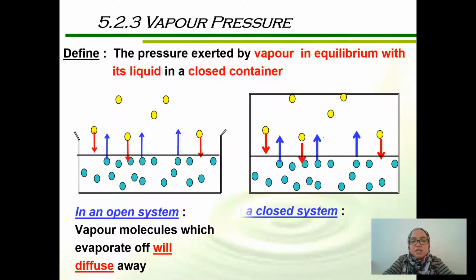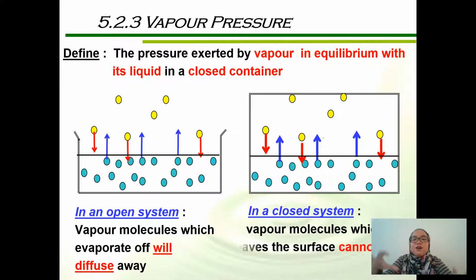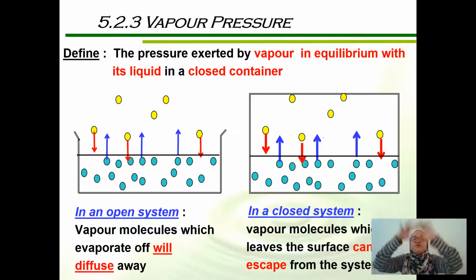Okay, however, in a closed system, the vapor molecules cannot leave the surface. Dia cannot escape the system. Bila dia from liquid to gas, and then dia akan form balik gas to liquid. So dia ada equilibrium state dekat situ sebab dia tak boleh nak escape to the surrounding. Okay, so dekat situ ada vapor pressure between the vapor in equilibrium with its liquid.